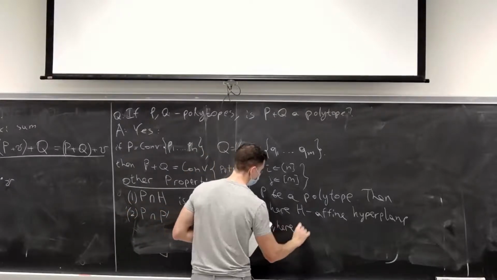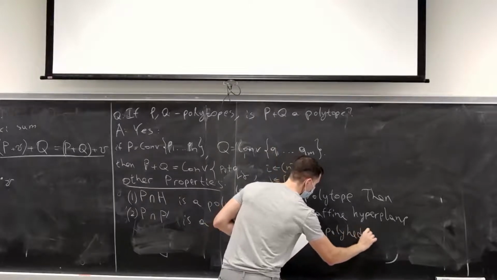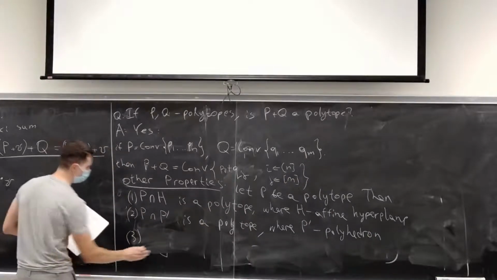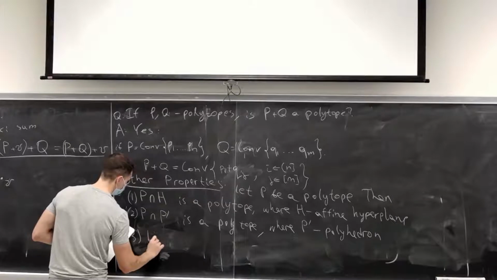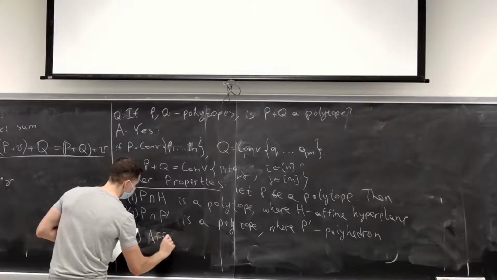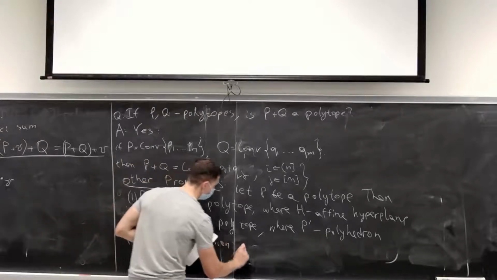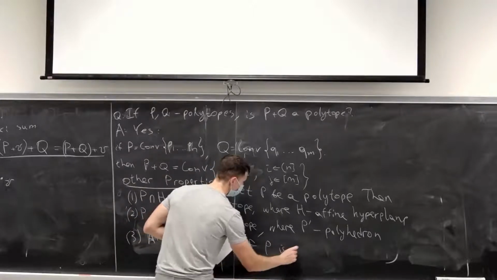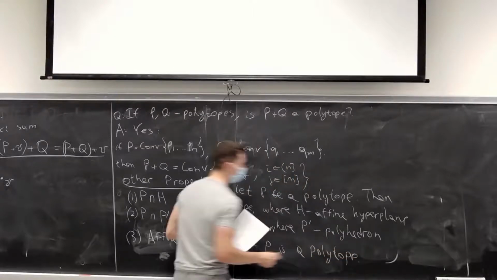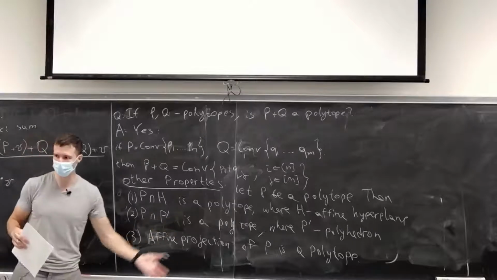Or maybe you want to project P, a linear projection or affine projection. The affine projection of P is a polytope. All right, which sound like very natural properties that polytopes would have.